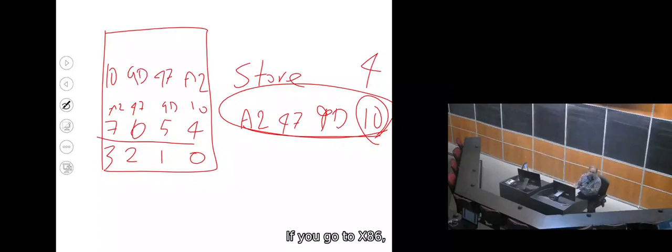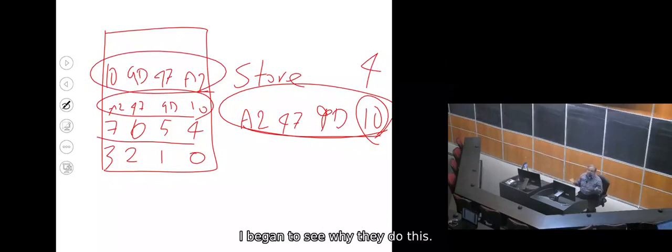So why is it big endian? I don't know. x86 is little endian. If you go to x86, they store like that. If you go to MIPS, they store like that. You can Google about little endian and big endian to see why they do this, why they do that. I don't know. It's like Real Madrid and Barcelona.